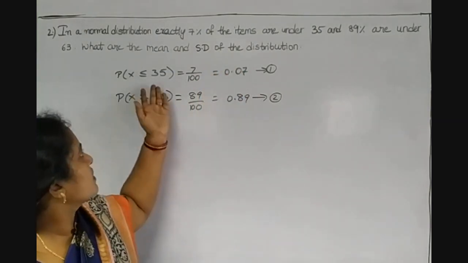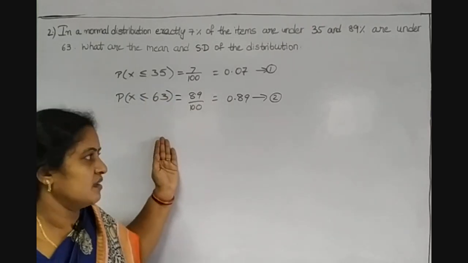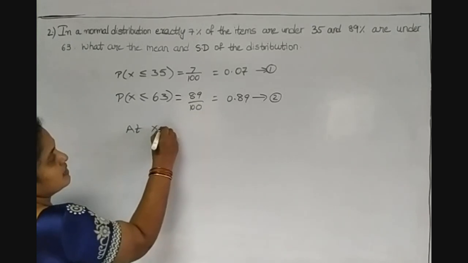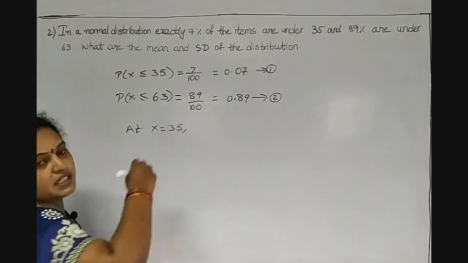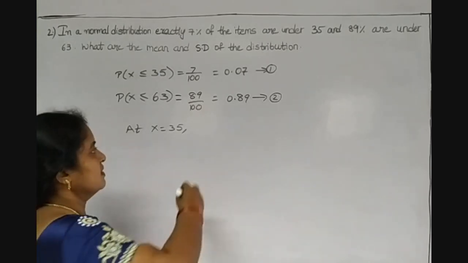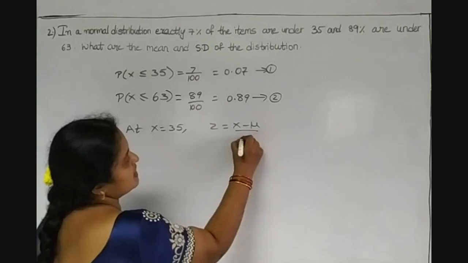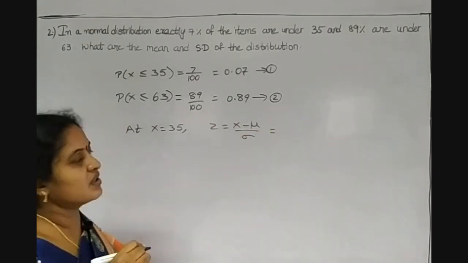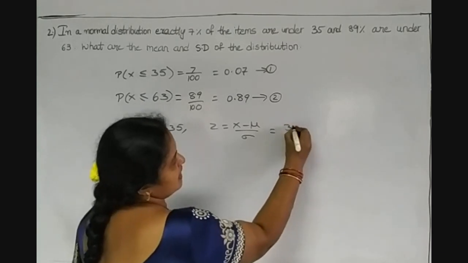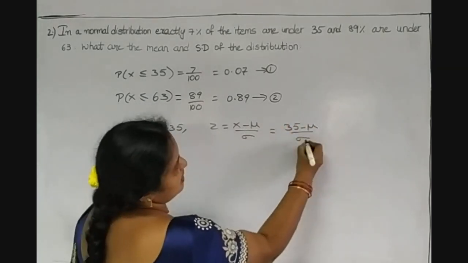First we have to convert this into a normal variate. That means at X equal to 35, we know that capital Z equals X minus mu divided by sigma. So here the X value is 35, so 35 minus mu divided by sigma.